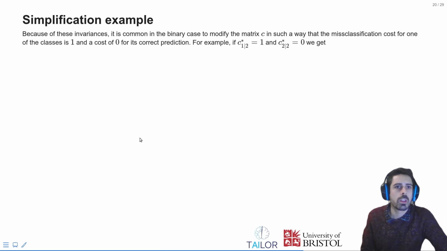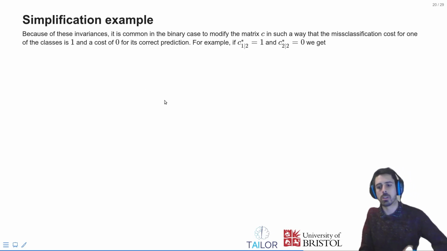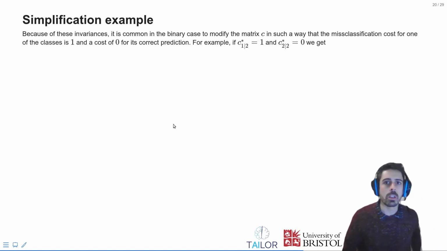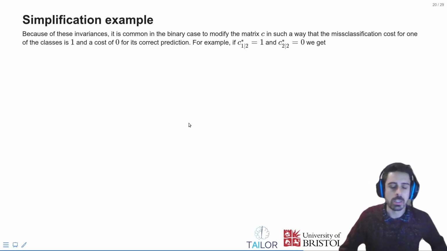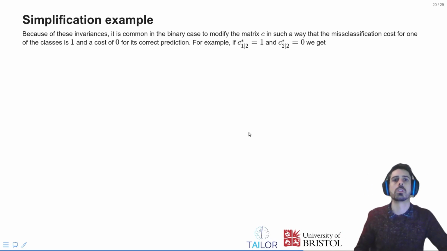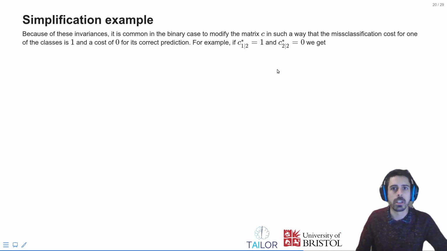Then it is possible to simplify the cost matrix. As I said, the optimal threshold, the optimal decision, will not change if we multiply the full cost matrix by a positive value or if we shift it. Then a common simplification is to ensure that one of the rows has a 0 in the correct predictions and a 1 in the incorrect predictions in the binary case.